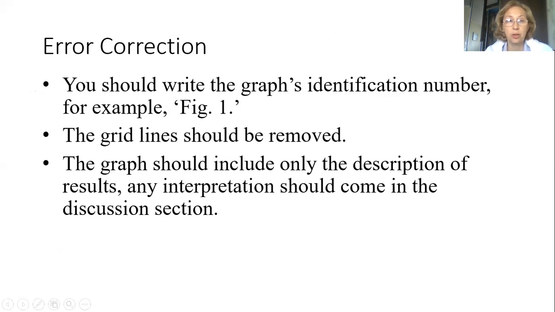So you've presented your graphs, captions, and descriptions, right? That was the home task, to find or to design, to draw a graph.